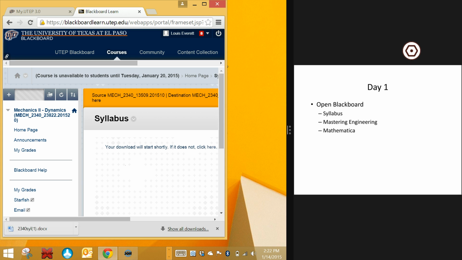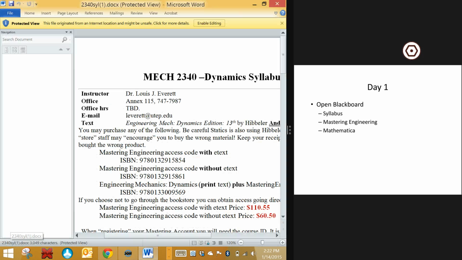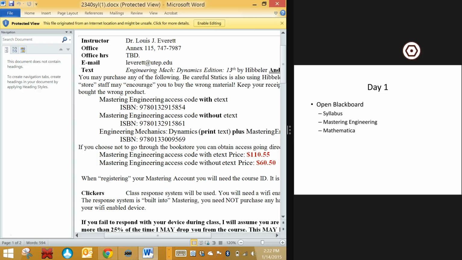The syllabus has the book title, the ISBN numbers, and all of that for the course. In particular, we're going to be using Mastering Engineering, which is a computerized homework material, so the syllabus has the ISBN numbers for that.